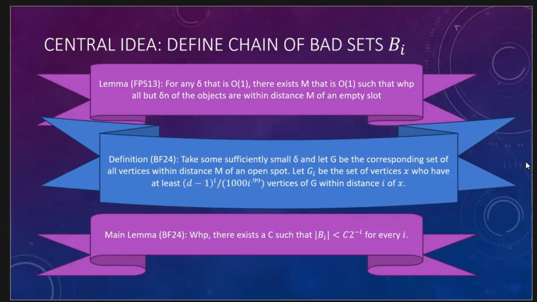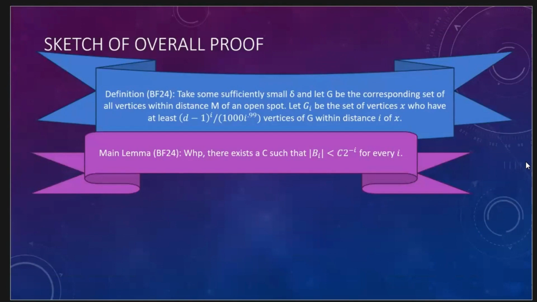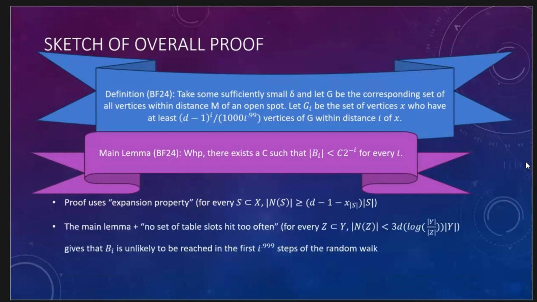So we prove that the sizes of the B_i are exponentially declining using that expansion property. I said that the neighbors of any set get bigger by a factor of about d minus 1. Once we've proven this main lemma, we have our bad set B_i sitting here, and to show it's unlikely to get to our bad set, the bad case would be if everything hashes to B_i, that would be terrible. But we have a bound on how many things can hash to one set.